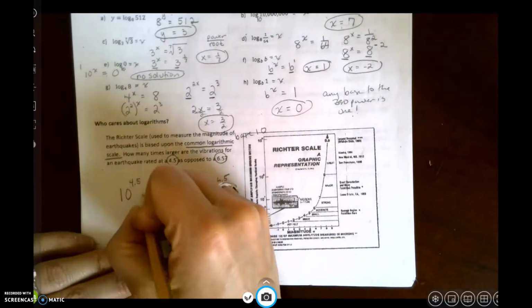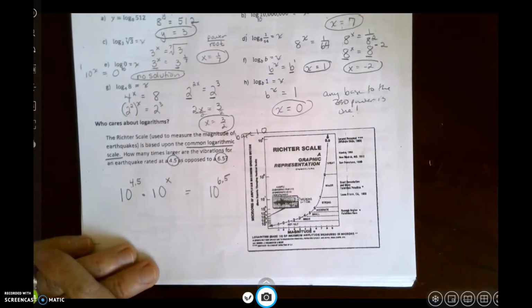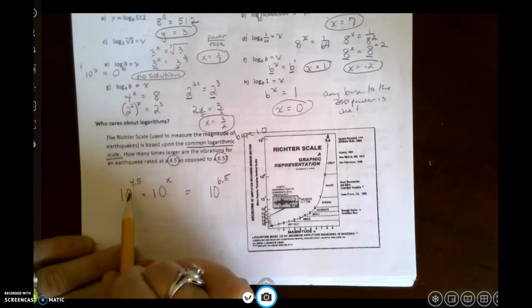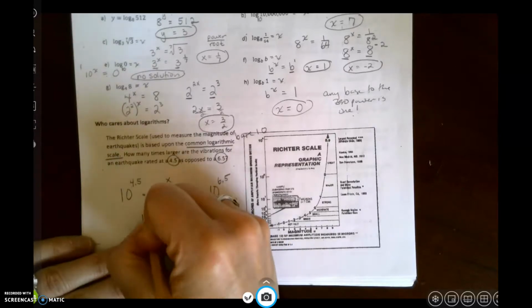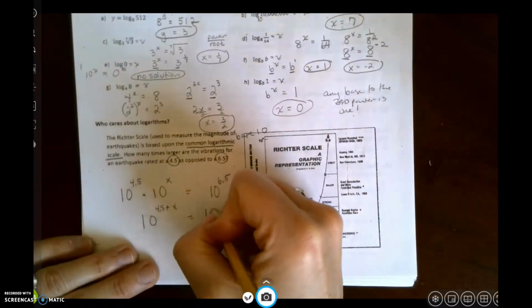So we've got to figure out what do we have to multiply by to get to the 6.5. Well, remember, with exponents, when you have the same base, you add the exponents. So this becomes 10 to the 4.5 plus x equals 10 to the 6.5.